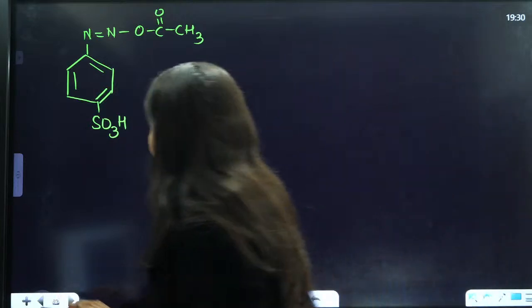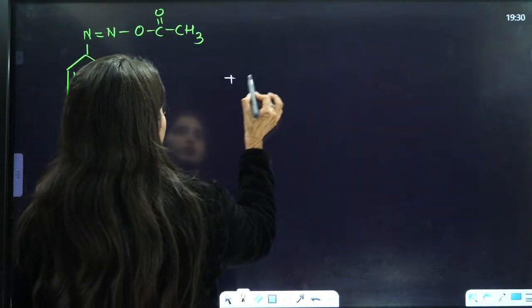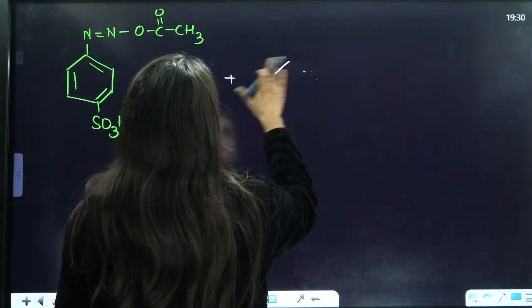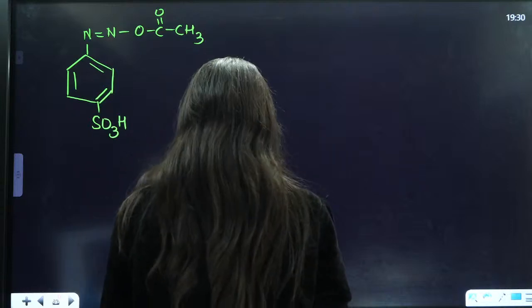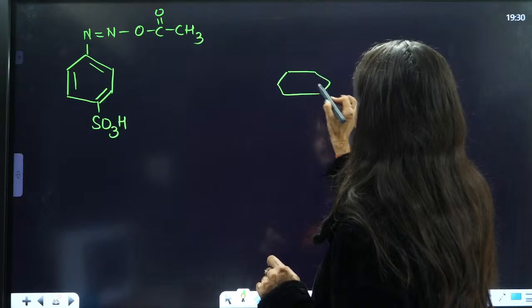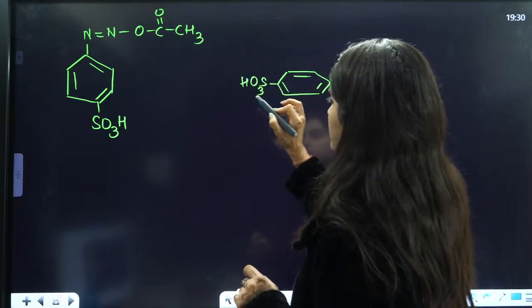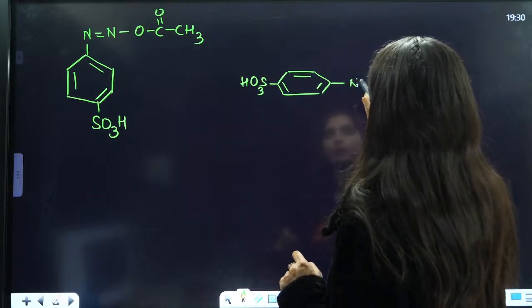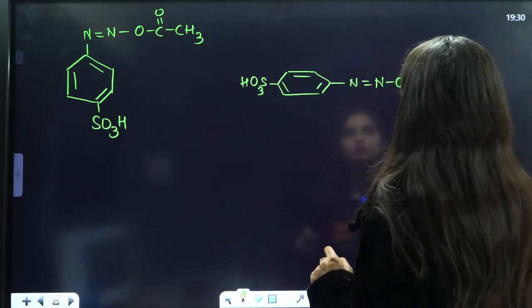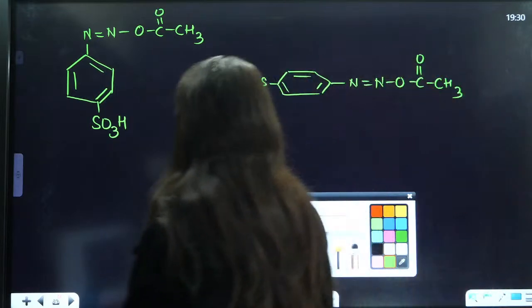And now it is introduced with this NH2. Here you have NH2. Can I just rotate this thing, make this in a different pattern? This is SO3H and this is N double bond N, O C double bond O CH3, right?